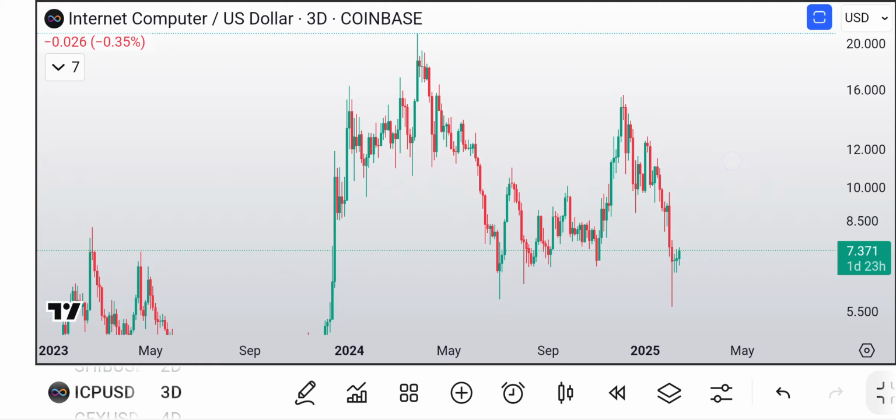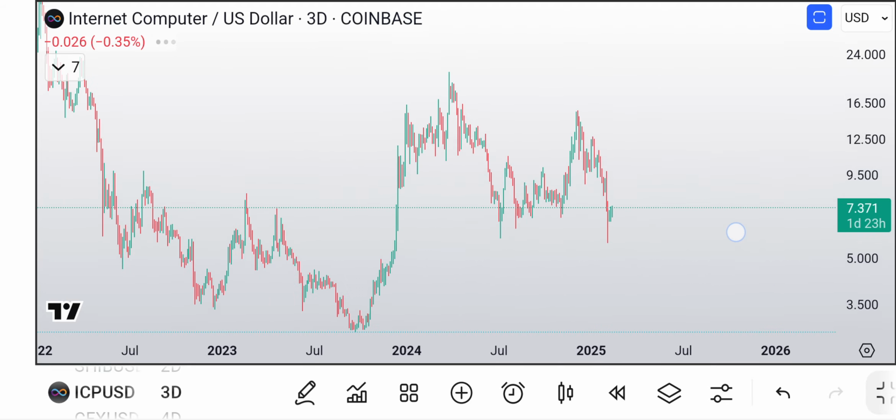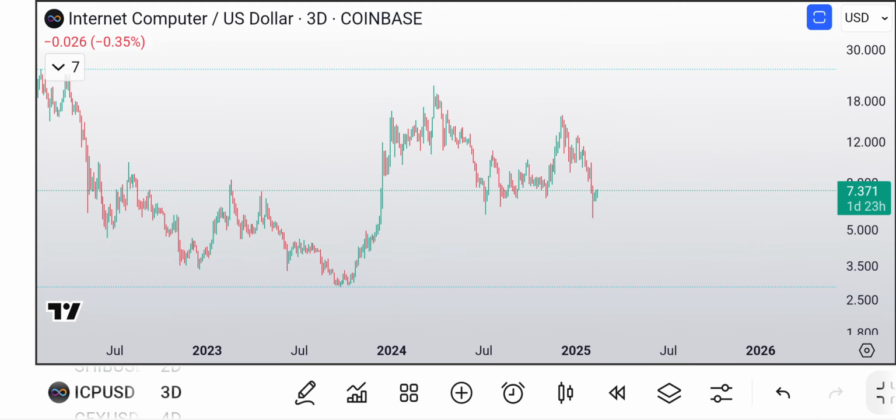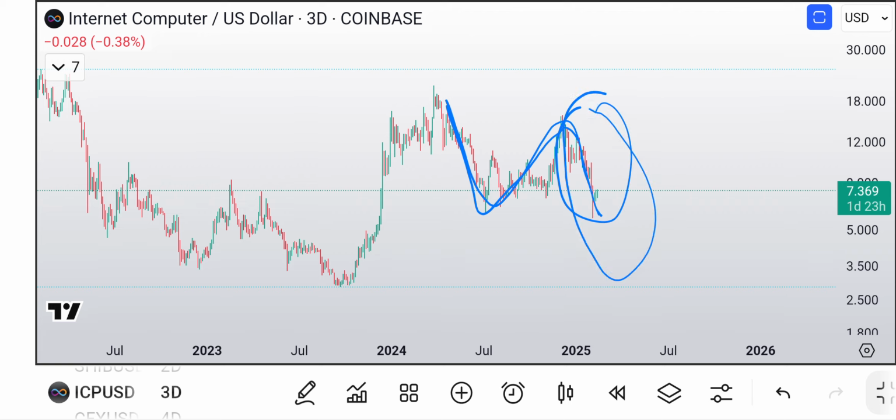ICP looks pretty good too, man. I like the way it looks. I like the 3-wave move. That's what you look for, right? And you really want 3 waves in this wave, or you want 5 waves. It could either be 3 or it could be 5. How do you know? Well, one way you could know is if this is 5. If this wave is 5, then this should be 5.